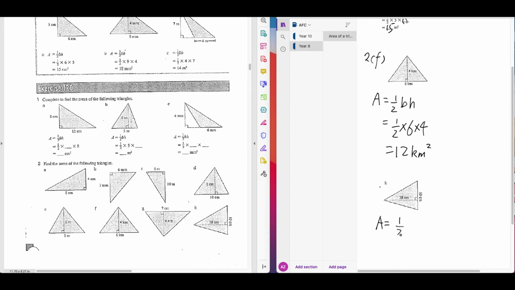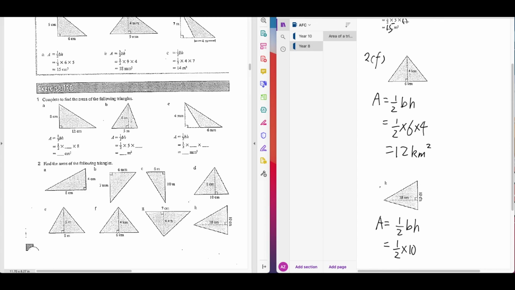I'm just going to write the formula first. And remember, like I said, the base has to be a side of the triangle. You know how each triangle has 3 sides? One of these sides is going to be the base. Now, because this 18 is not a side of the triangle, 18 cannot be the base. So in this case, the 10 is actually the base, because the 10 is a side of the triangle.